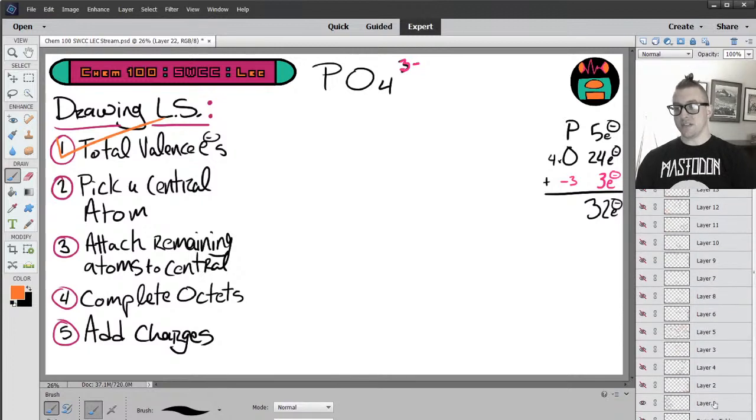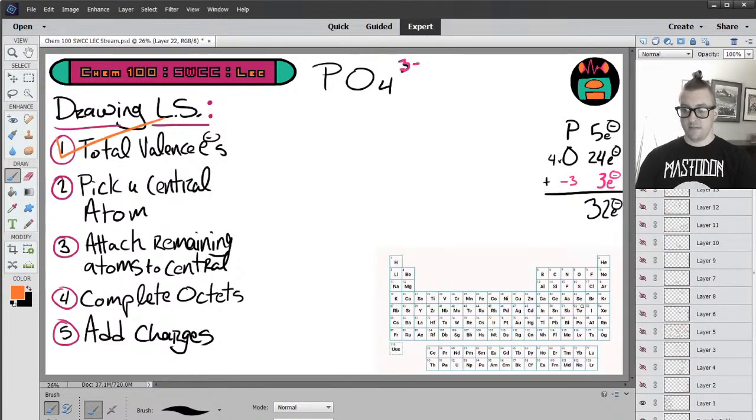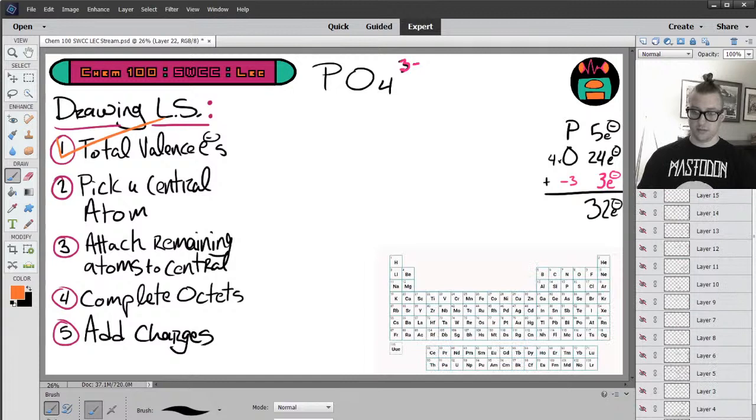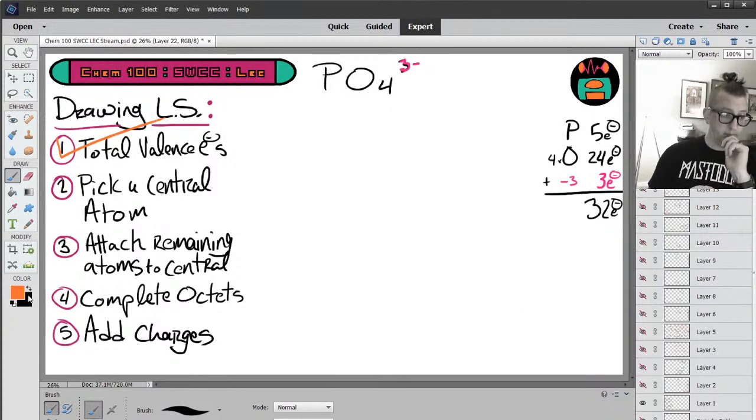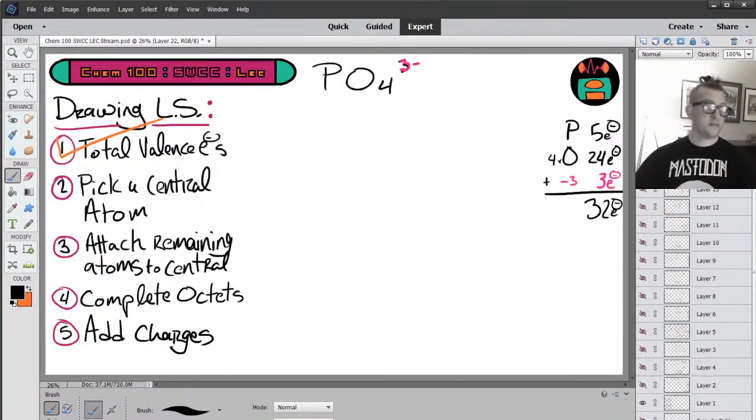When it comes to picking our central atom, you guessed it, phosphorus is on the third period. So it's going to be our central atom. Yes. Carolina, that is exactly correct.